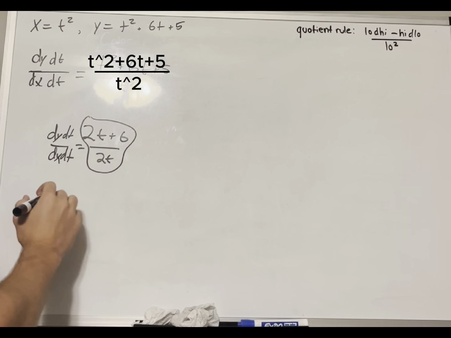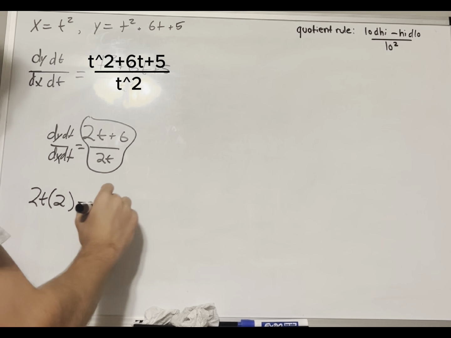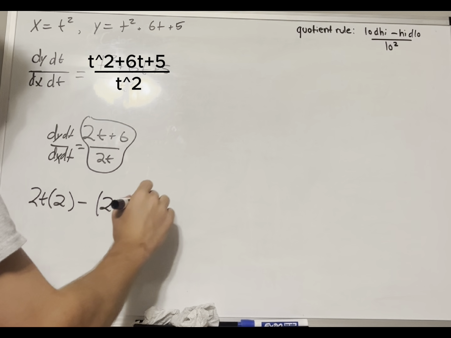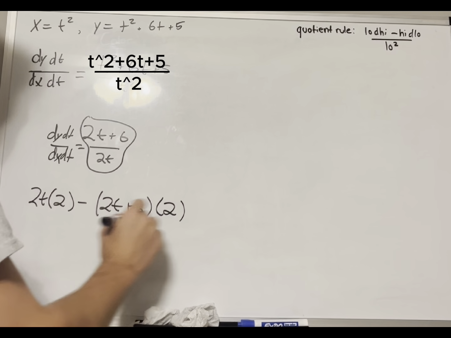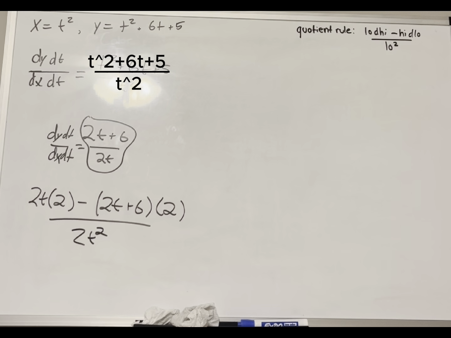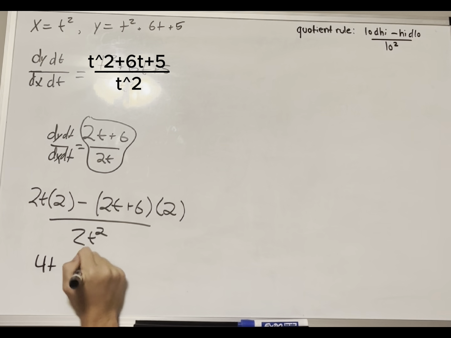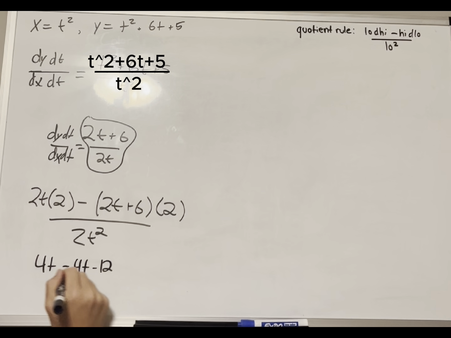But I do know the quotient rule, low times the derivative of high minus high times the derivative of low divided by low squared. And these values, you can just do that multiplication. 4t minus (4t minus 12) divided by 4t squared.